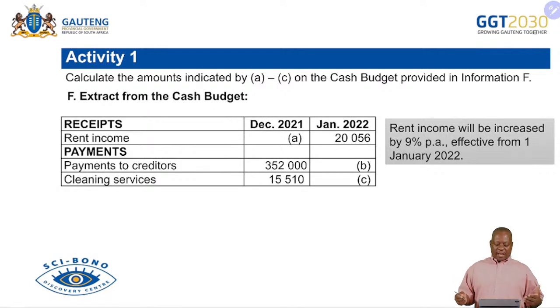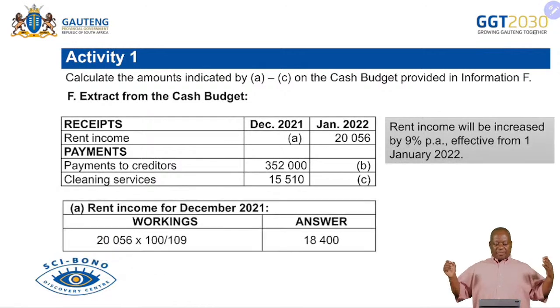So what can we say? It means my January percentage, it's 109%. My December income should have been 100%. So we are looking for December before the increase. And we are given January after the increase.